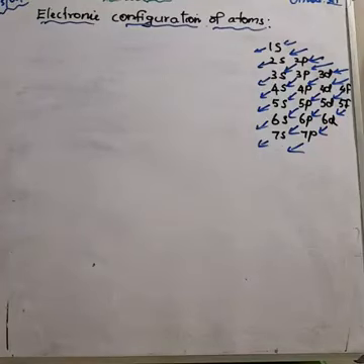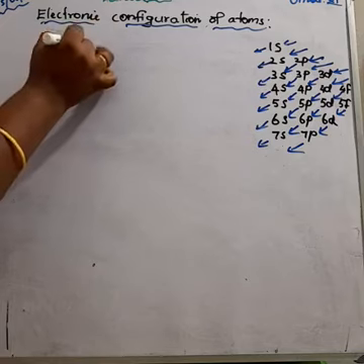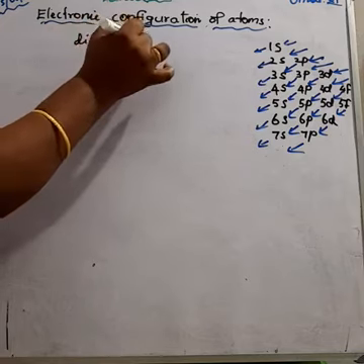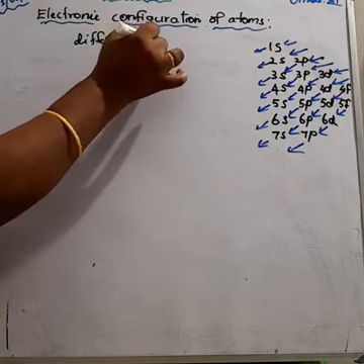Here we are going to study some elements. Some elements differ from the expected electronic configuration in accordance with the Aufbau principle.